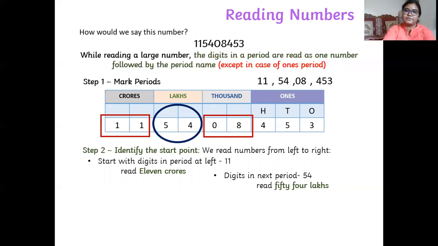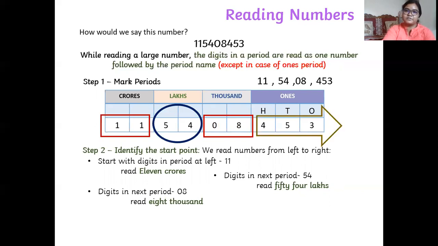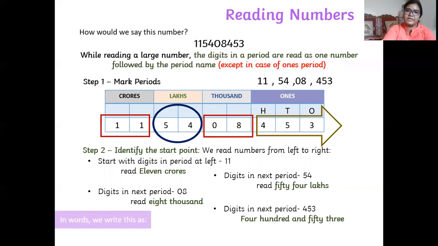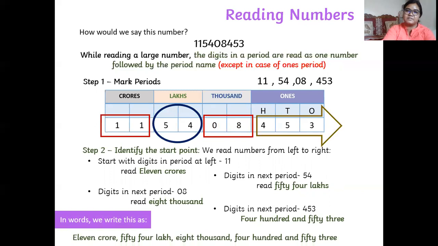So 8 has to be written as 08. So 8,000. And the first period, ones, which holds three places together, we read together as 453. So altogether we can name this number as 11 crore 54 lakh 8 thousand 453. So this is how we can read or name any large number.